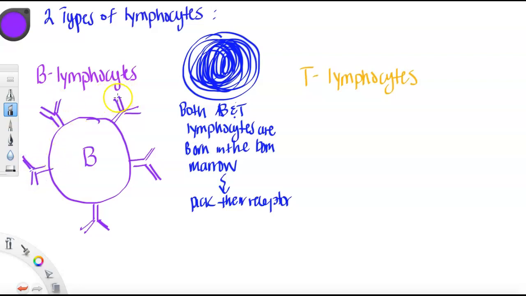And each of the little Y arms has a receptor site. And they're all the same. This one B cell is going to look for one specific antigen. And it's going to look kind of like that. That little antibody is called an IgD antibody.